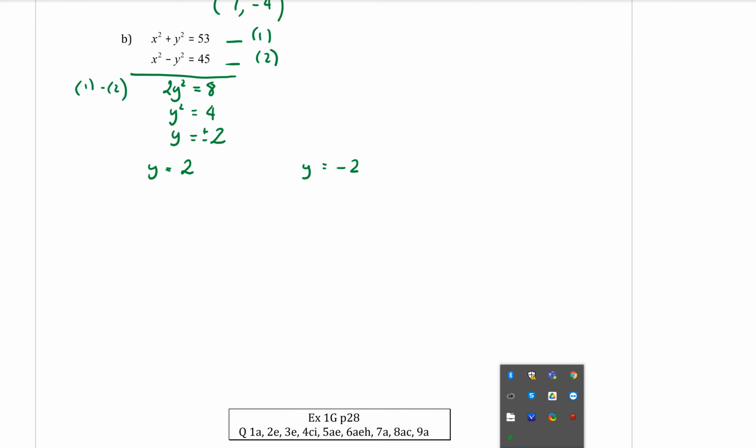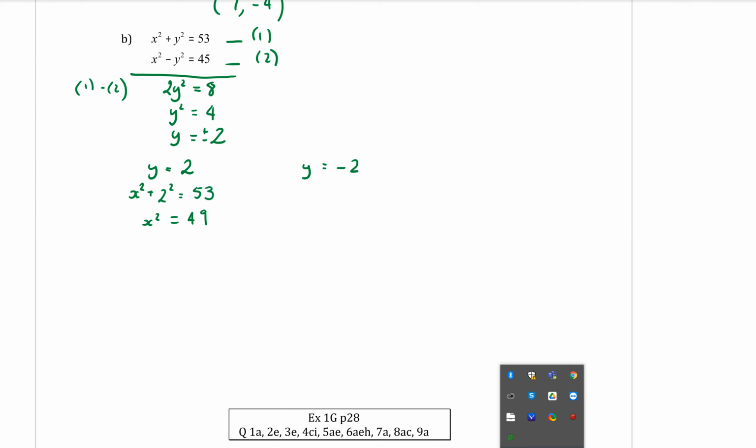So let's substitute into the first equation. X squared plus y is 2, so 2 squared equals 53. 2 squared is 4, so I'm going to subtract that in one move. 53 minus 4 is 49.